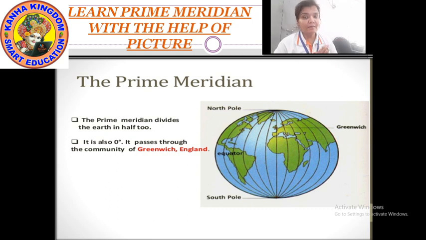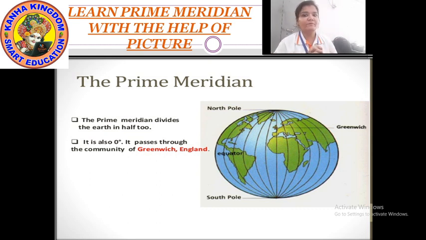First, let us learn about the prime meridian with the help of this picture. Further, I will show you one clip also. Now, in this picture, you can see that the prime meridian divides the earth into two halves. The equator was dividing the earth into two equal halves from upper to lower parts. But the prime meridian is dividing the earth again into two equal halves, but from side to side.